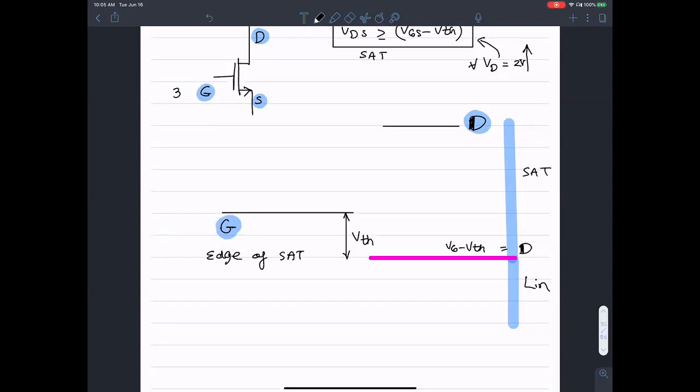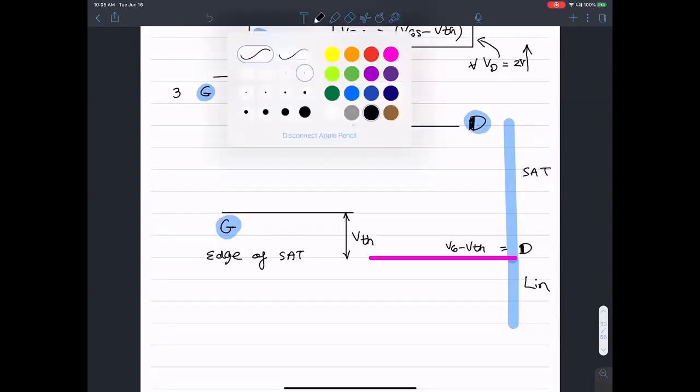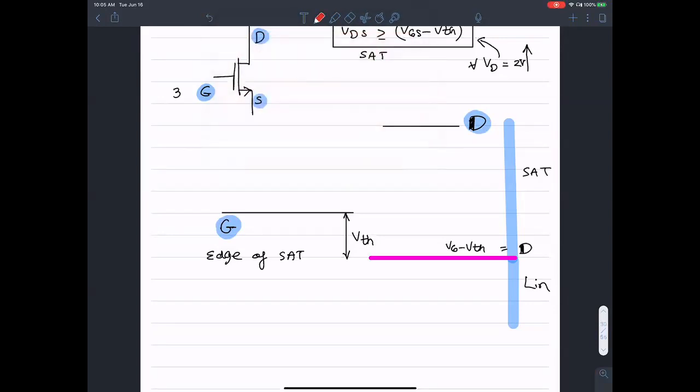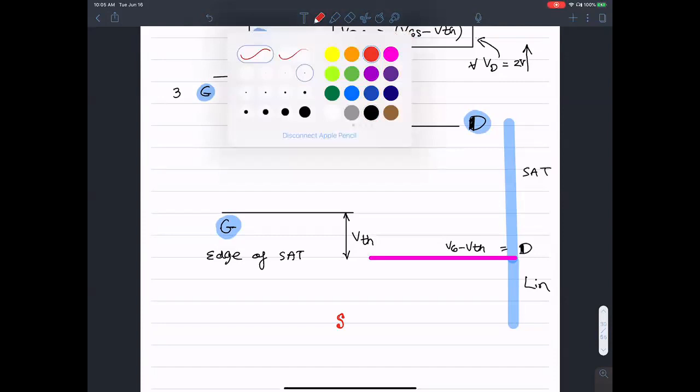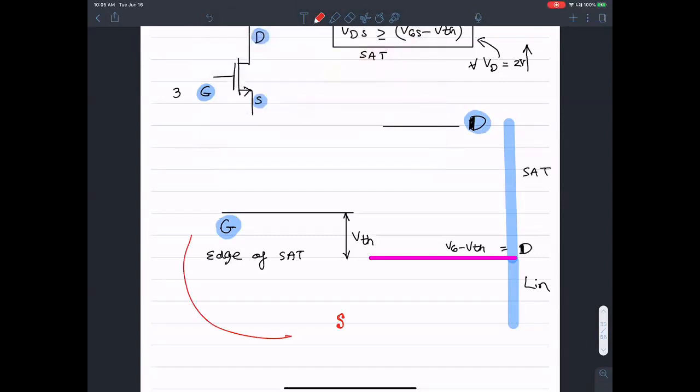But what determines if the MOSFET is on or off in the first place? That's the source voltage. The relationship between the gate and source voltage determines on or off. The relationship between the gate and drain voltage determines the saturation or linear region.